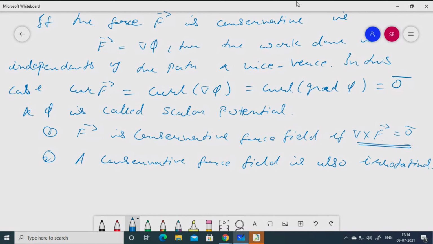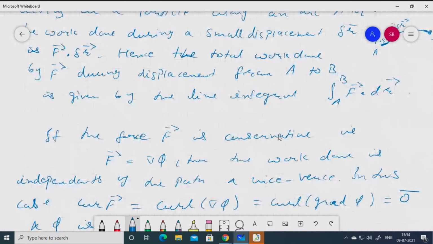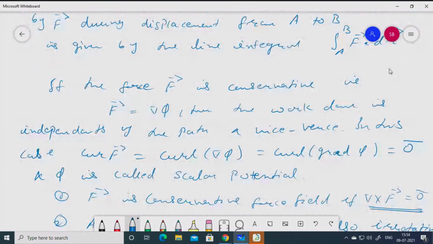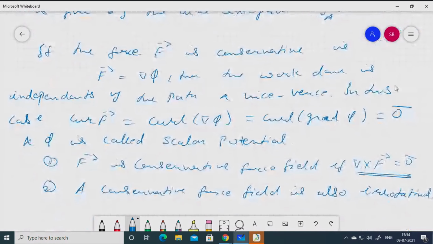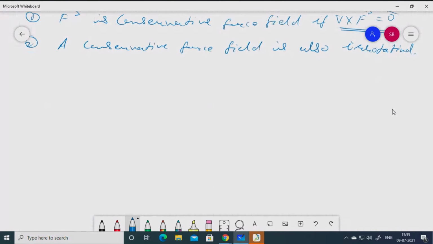So this is one application. Line integral gives the total work done by the force vector which is acting on a particle moving from A to B during the displacement from A to B. That is given by the line integral from A to B of f bar dot dr bar along the path. Now another one is circulation.